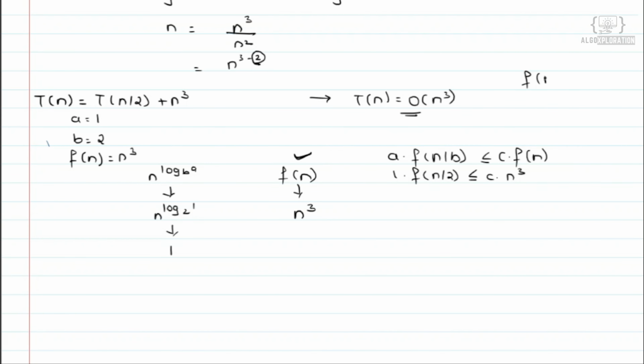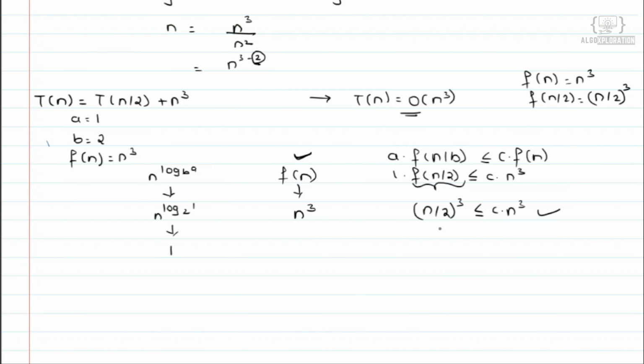Now if f of n is n cube, then f of n by 2 will be n by 2 raised to 3. So n by 2 raised to 3 should be less than or equal to c into n cube. Now we can see that it is satisfying. So most of the time the regularity condition will be satisfied, but then also we have to check it.